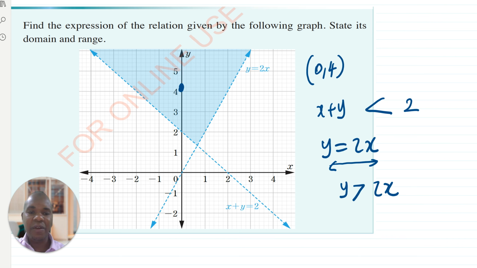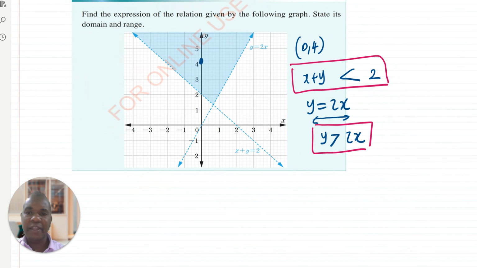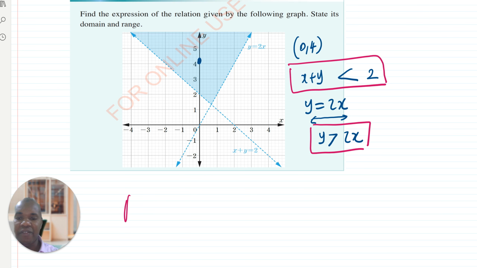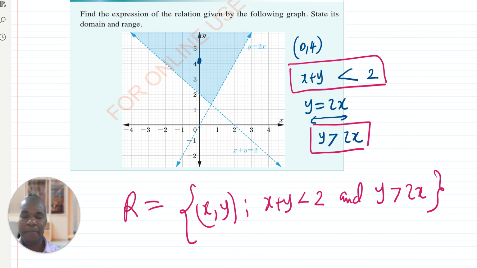So you can see that now the solution, the inequality, finds the expression of the relation. So the expression of the relation will be contained in these two expressions. So we are going to combine them together, dear students. So we'll be having R is the set of ordered pairs x, y, such that x plus y is less than 2 and y is greater than 2x, dear students.